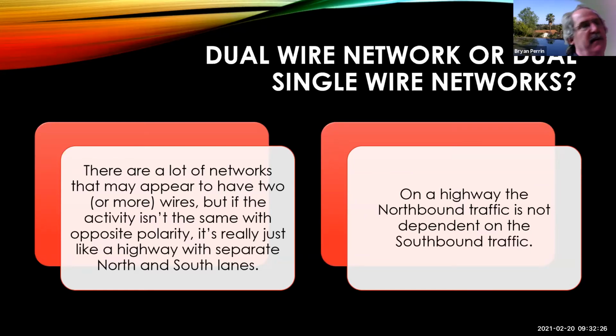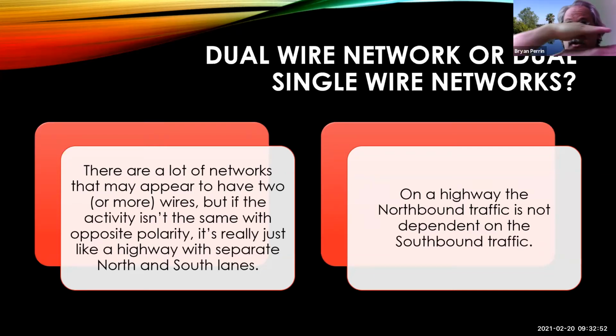The other thing we have is, do I have dual single wire networks or is it a dual wire network? And that's really hard to tell looking at the schematic. We see this with Chrysler SCI. We see this with some others, like Nissan. There are a lot of networks that appear to be two wires, because on the wiring schematic there are two wires there, but they're not doing this.